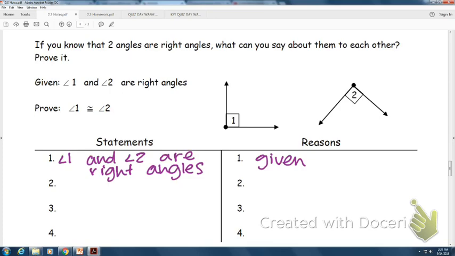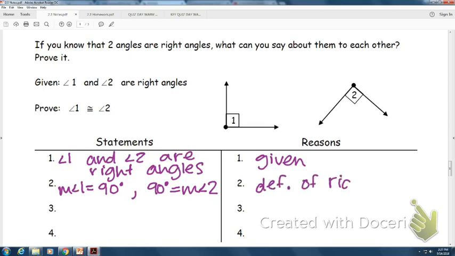So we know that the measure of angle 1 is equal to 90 degrees. We also know that the measure of angle 2 is equal to 90 degrees. Okay, the reason being is what you guys just told me. Definition of right angles. So that's what you would write there. Definition of right angles.